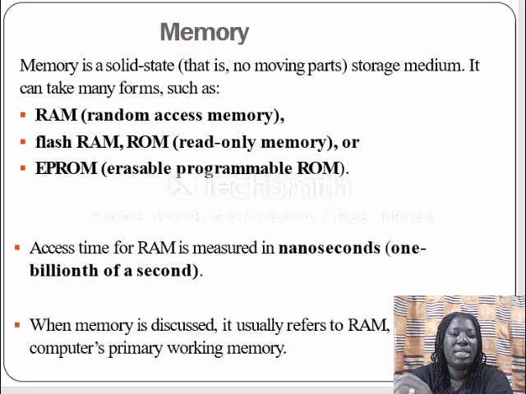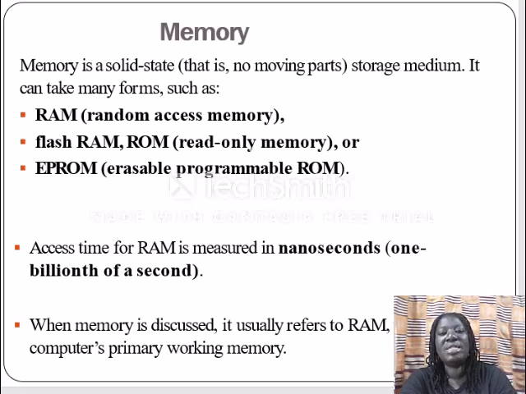So now let's get into the memory. The memory of a computer is a solid state, that is non-movable parts, storage medium, and it can take many forms such as the RAM, the flash RAM, and the erasable programmable ROM, the EPROM.